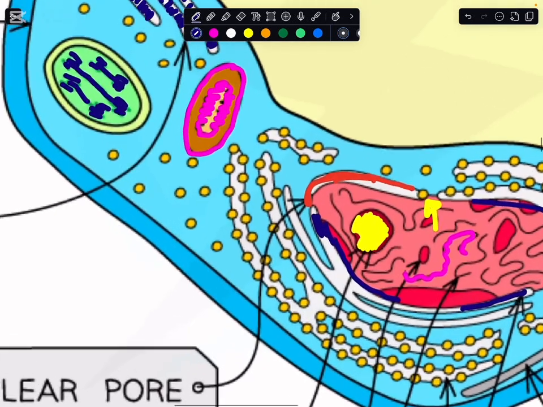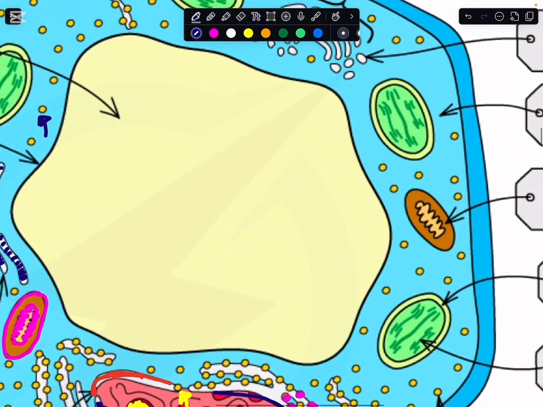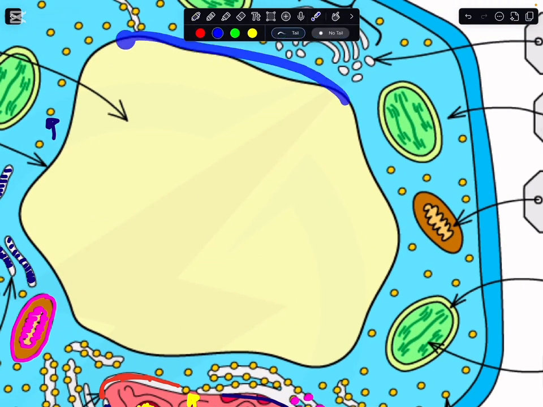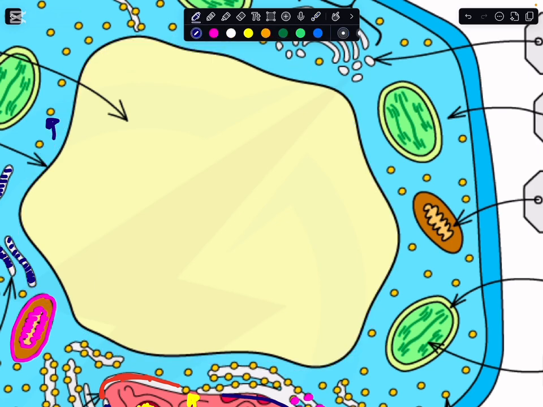Ribosomes were attached to the membrane of the rough endoplasmic reticulum, but the ribosomes can also lie freely dispersed in the cytoplasm. Now, if you come here, you see that at the center of the plant cell is this large vacuole. The points we must know for this large vacuole are that at the center there is this large vacuole, and it has its own membrane.